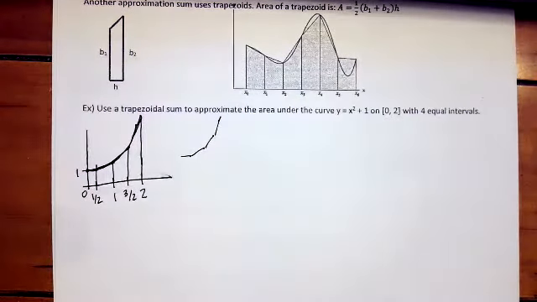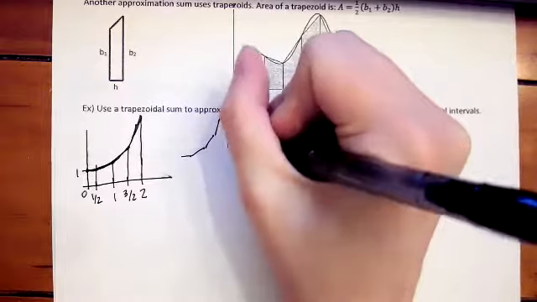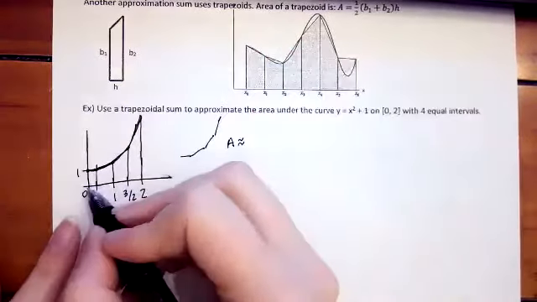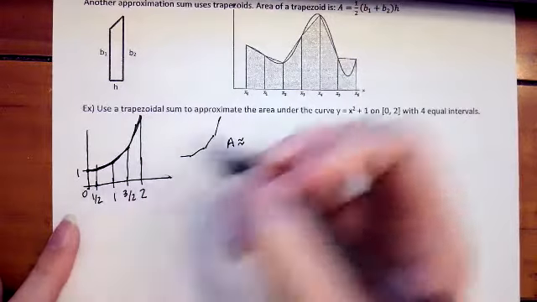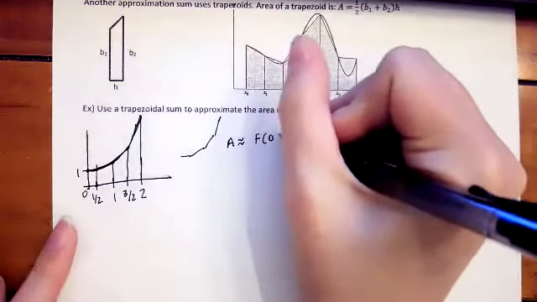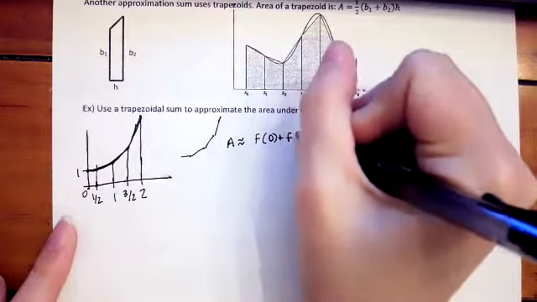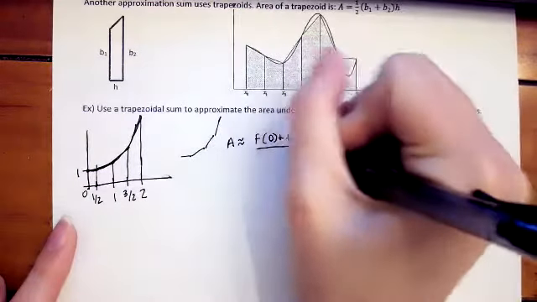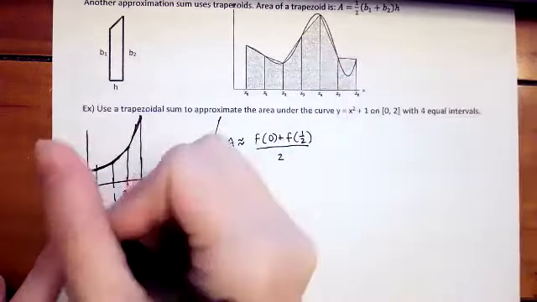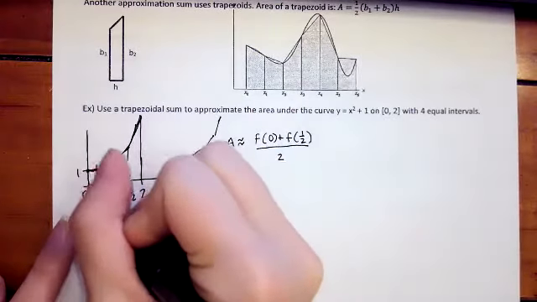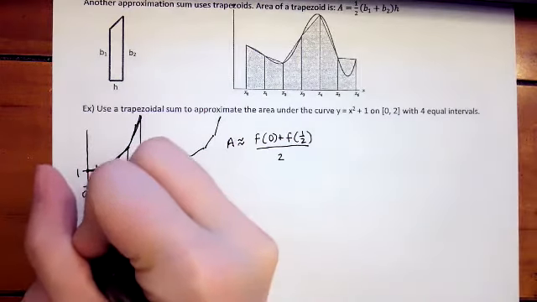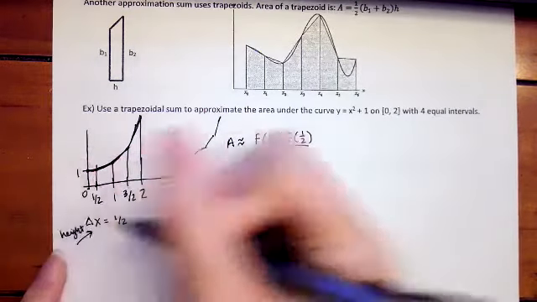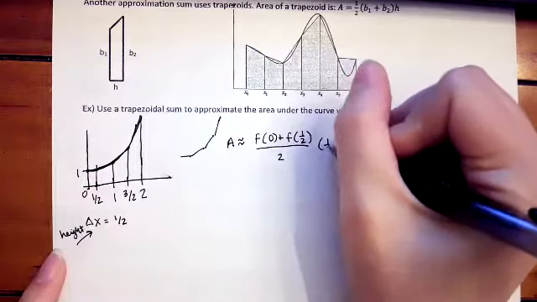So when I go to do my area approximation formula, my first trapezoid goes from 0 to 1/2. So I'm using both of those endpoints, dividing by 2, and the height is that delta x, which is 1/2. Okay.